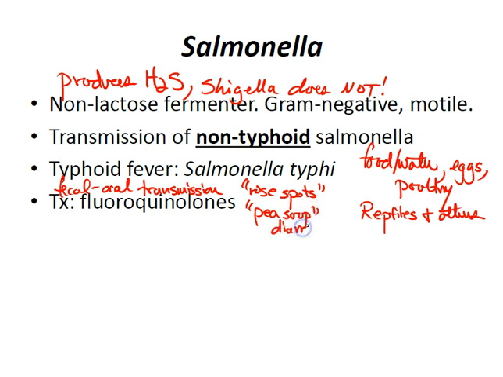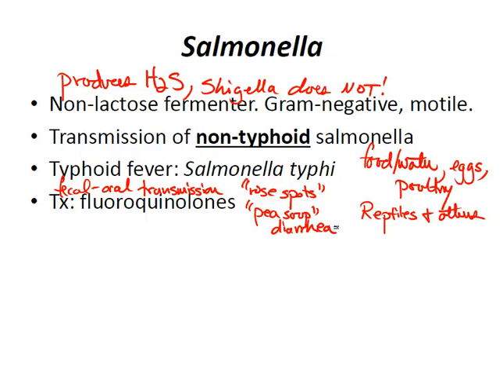I'm not kidding, that's literally your buzzword, pea soup diarrhea. Carriers, for example Typhoid Mary, can harbor Salmonella in the gallbladder and shed bacteria for years. Good old Typhoid Mary. So there are carriers of Salmonella, and they can shed the bacteria for years upon end.